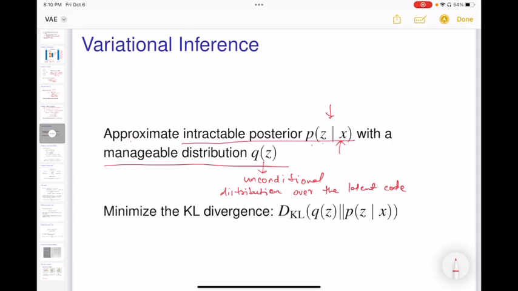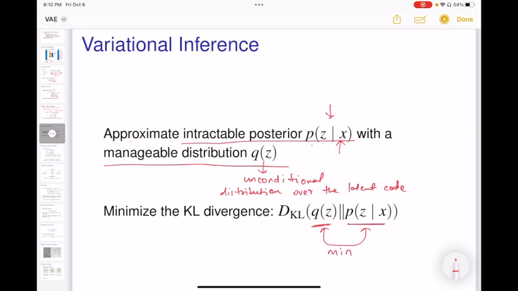Once we make this approximation, what we want is for the distribution that we approximate the intractable posterior with to be as close as possible to the posterior distribution, right? The posterior distribution is what is being approximated, and Q of Z is what we are approximating it with. We compute the KL divergence between these two distributions, and we want to minimize this.